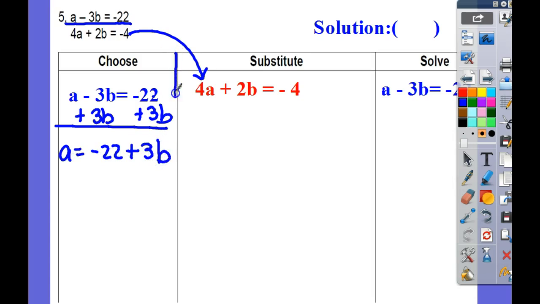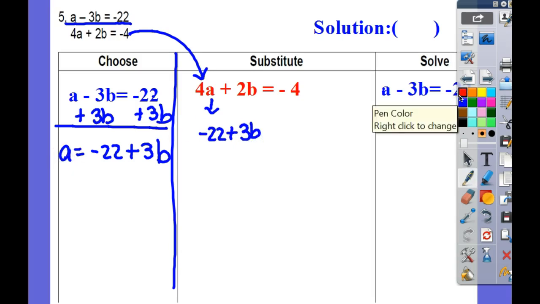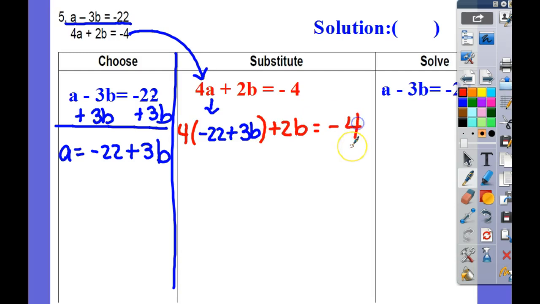So in place of this a, I'm going to substitute minus 22 plus 3b because that's equal to a. I'm going to have the 4 out in front, and I'm going to have plus 2b equals negative 4.